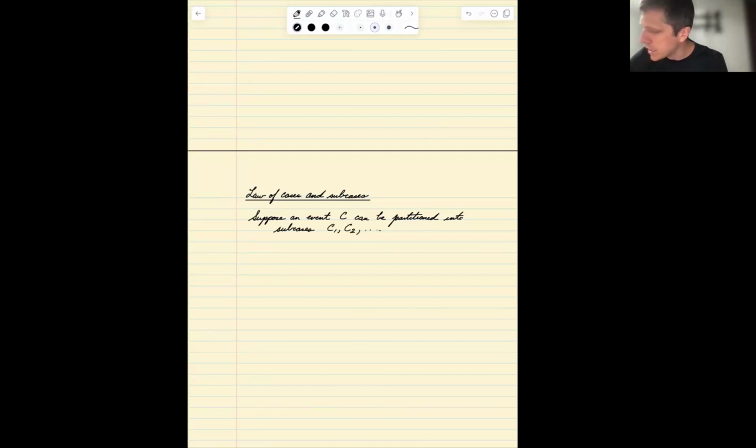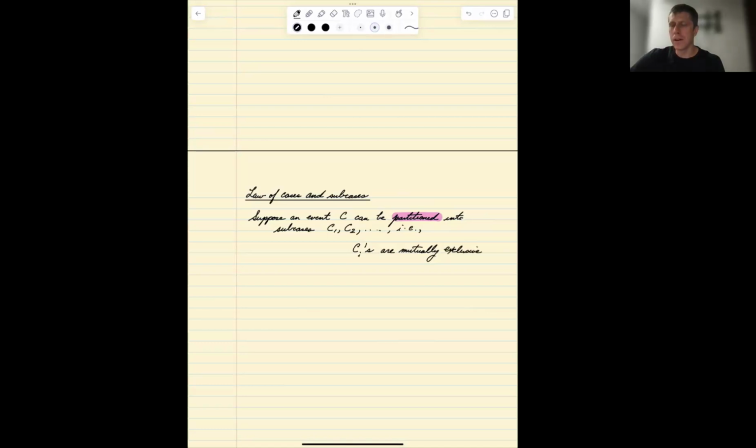What does partitioned mean? We have to be clear about the meaning of the word partition. First of all, it means that the Ci's, these subcases, are mutually exclusive. So they're non-overlapping, they're disjoint.